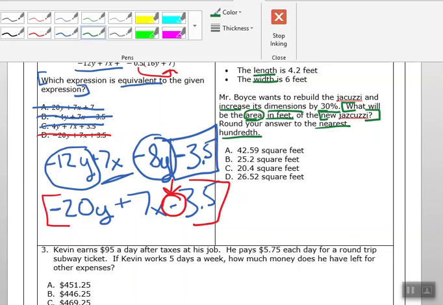So right here I have 4.2, and then I have 6. And I'm going to increase these dimensions by 30%, which means I'm going to multiply them each by 1.3.